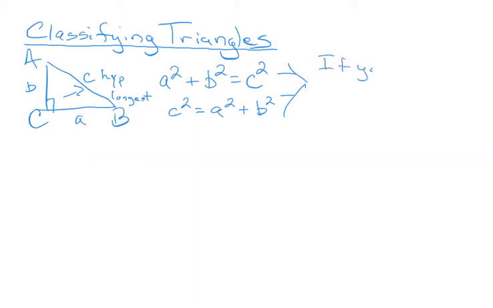you have C squared equals A squared plus B squared, then you do have a right triangle.